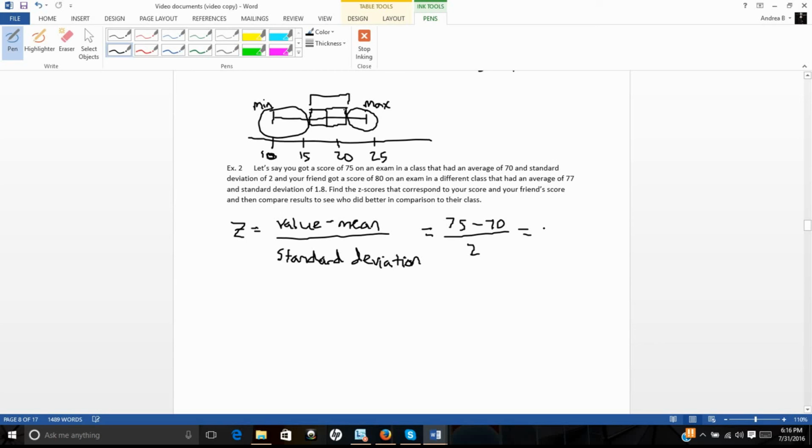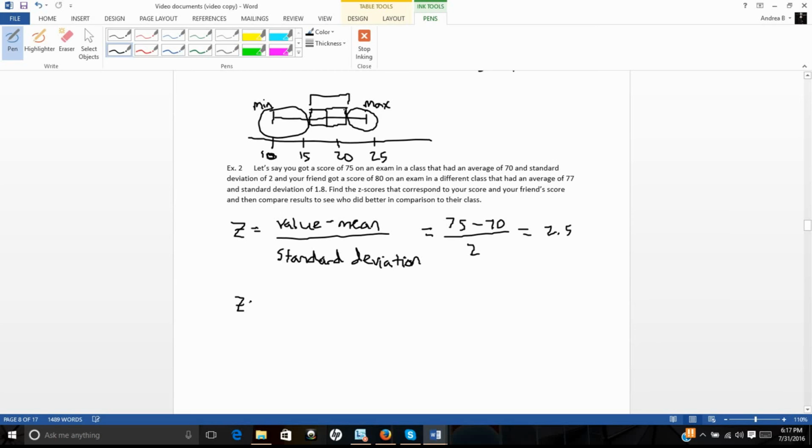So in this case, you get a z-score here of 2.5. So keep in mind that z-score really represents that you scored 2.5 standard deviations above the mean. So in other words, you scored quite a bit higher than what most of the students did in the class in comparison.